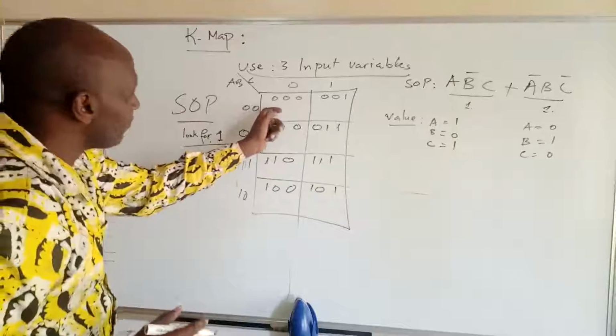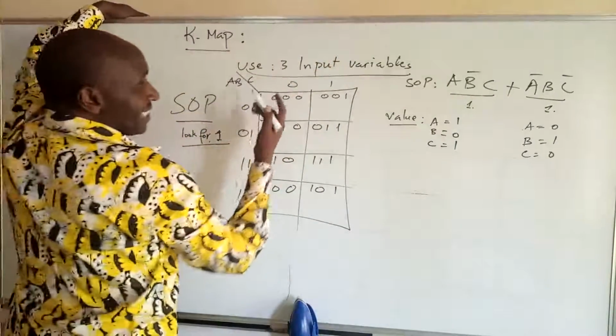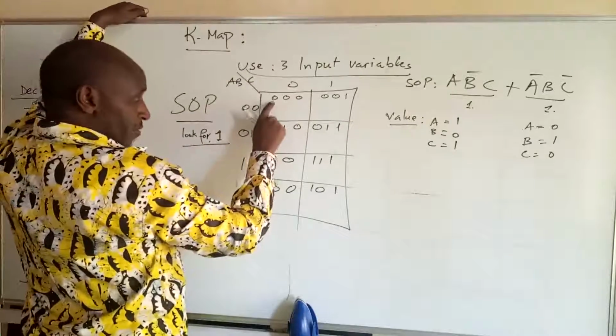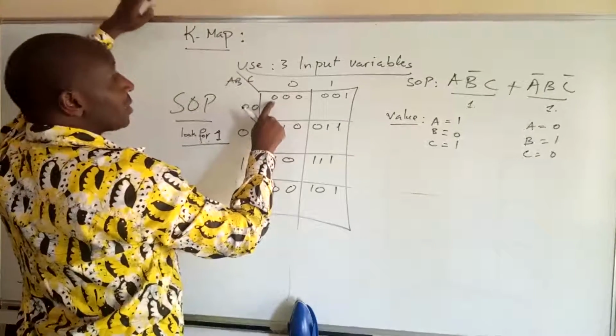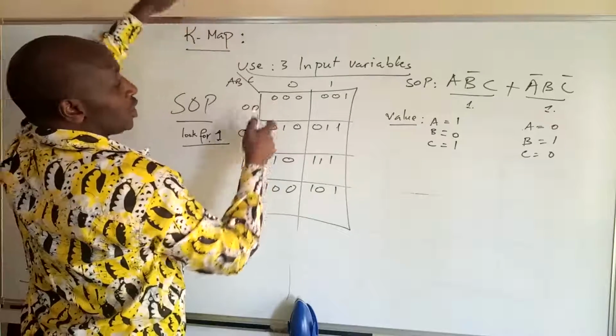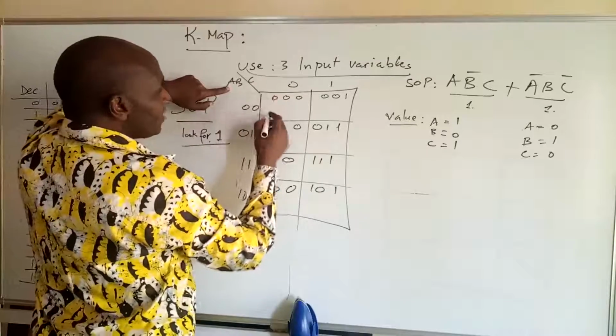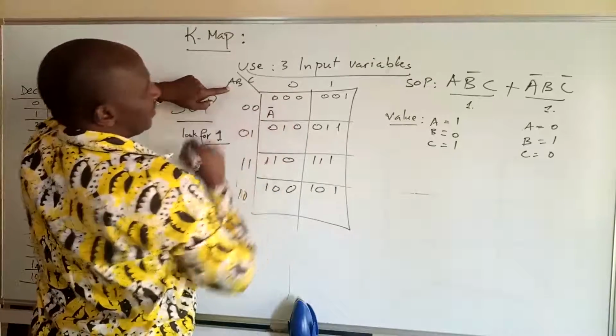Now, what are the variables inside there? Let us start. If you have 0, remember, to be 1, we have to invert. So this 0 is the value of A, so this is A bar.